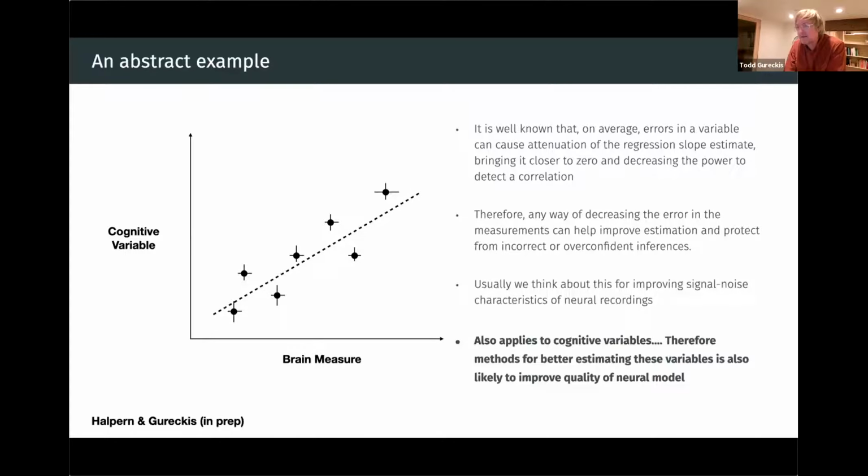But this concept, at least in theory, applies also to cognitive variables. So methods for better estimating these variables are also likely to improve the quality of the neural estimation. And that, as I see it, is central to the theme of why we gathered in this workshop today: to think about ways in which we can improve, ultimately, estimation of cognitive variables in clever ways, right?